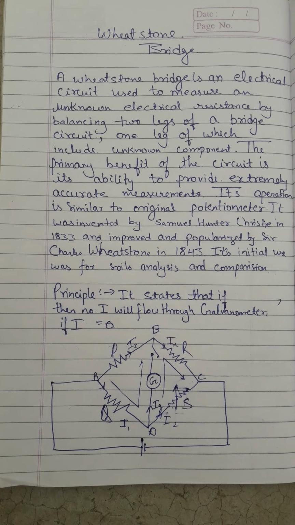So we know the value of one leg and the resistance of the other leg is unknown for us. The primary benefit of the circuit is its ability to provide extremely accurate measurement. In the Wheatstone bridge we can calculate the accurate value of the resistance.